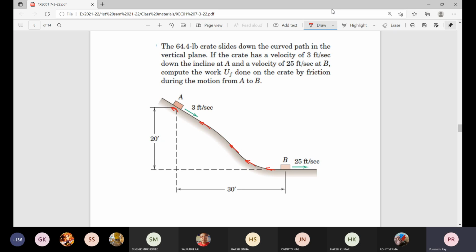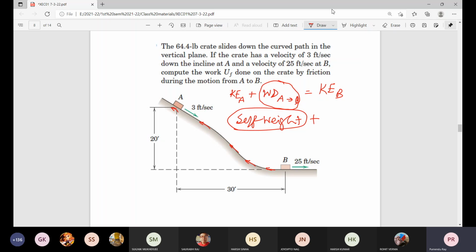But one thing is sure, the kinetic energy at configuration A plus work done from A to B will be the kinetic energy at B. Now in this work, one part is the self weight, the other part is friction.